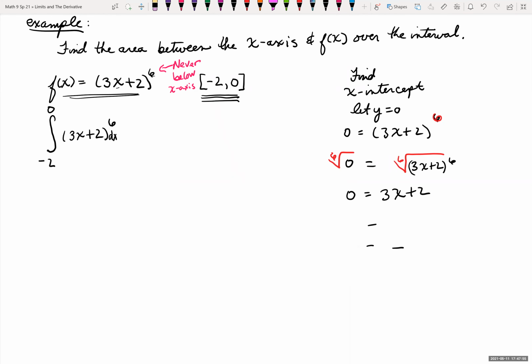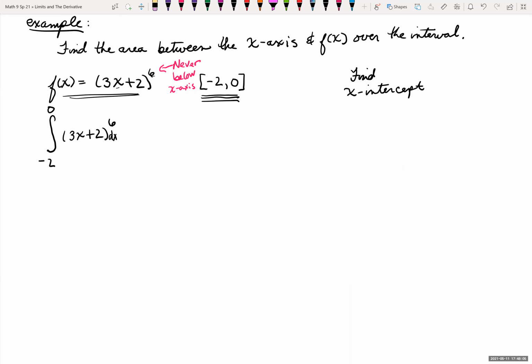Looking at that, I don't want to expand out 3x plus 2 multiplied by itself 6 times. That would be kind of tedious. So I notice I can use substitution here with a little bit of manipulation, if I need to. Let u equal this 3x plus 2.